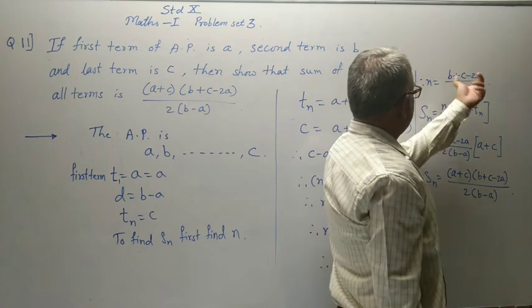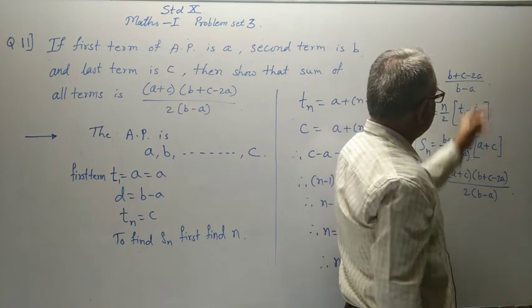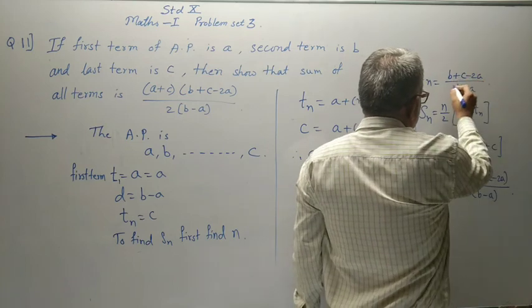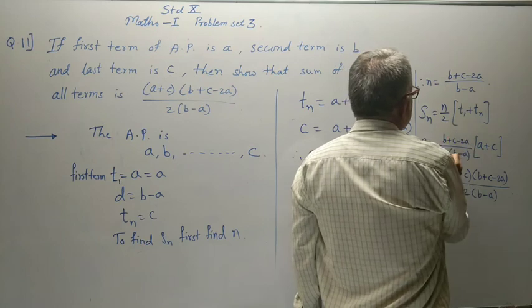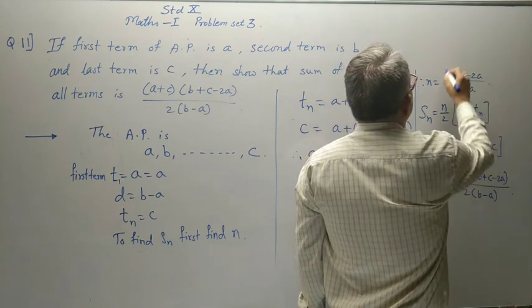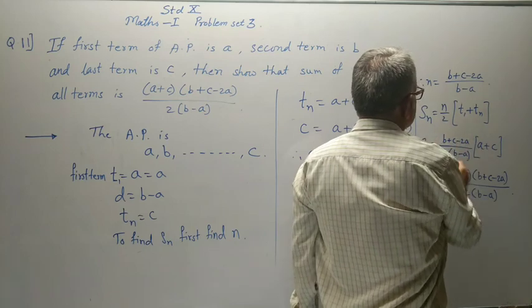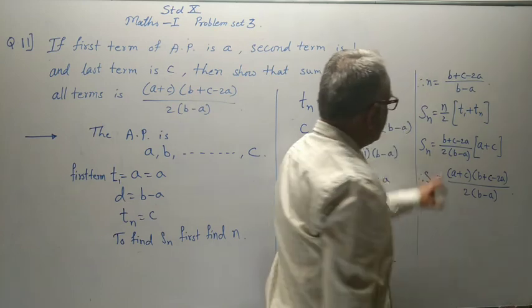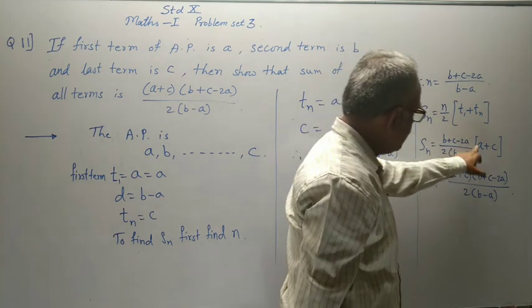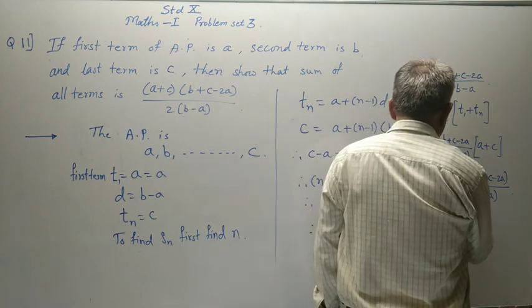n by 2: n is this, divided by 2. Divided by 2 means multiply by 2 to the denominator. So n upon 2 value is this, and with a plus c we got the answer, and that is all that was asked.